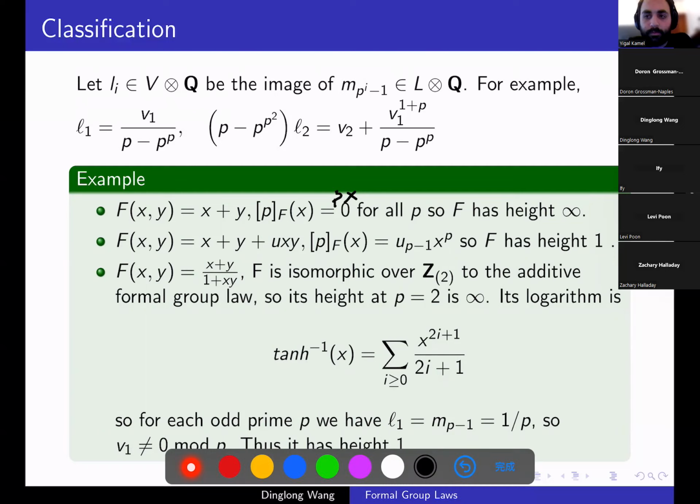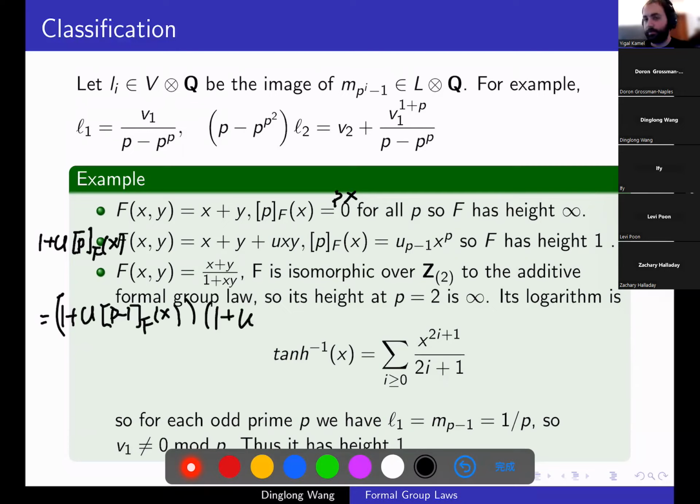For F(x,y), the multiplicative formal group law, the [p](x) actually has this form. You can check that using the multiplicative formula: by the multiplicative formula, you should have 1 plus u to the p minus 1 times f(x) equal to (1 plus ux) to the p.